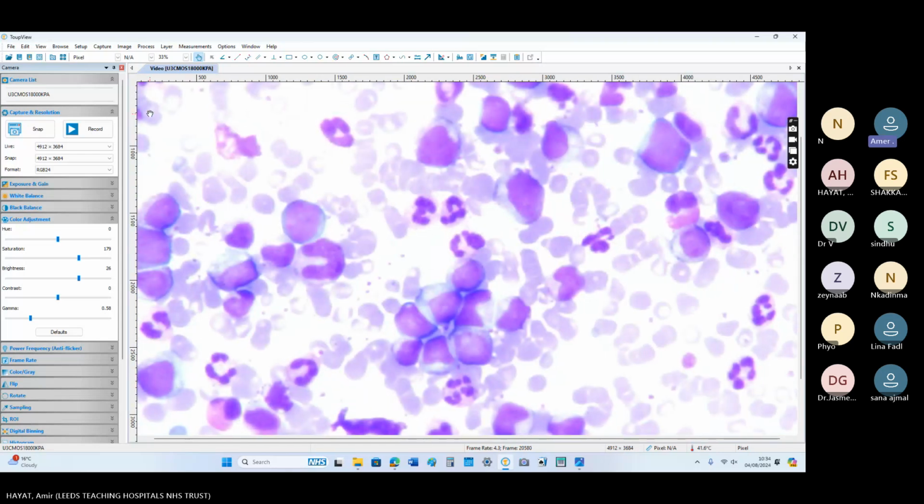Yeah, so most likely consistent with chronic myeloid leukemia, but you need further tests, BCR-ABL, to exclude blast phase or AML, because a CML patient with blasts more than 20% is AML, according to WHO 2022.